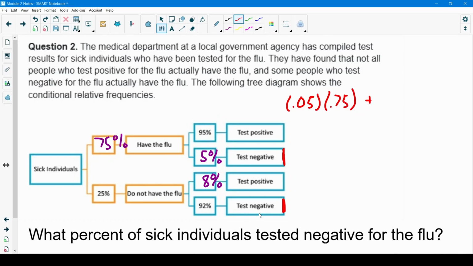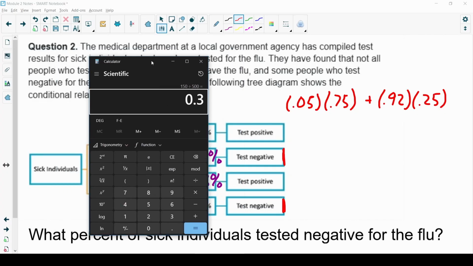I'm going to add that to the other part over here. This was telling me 92% of this 25% tested negative. So here I will do 0.92 times 0.25. Remember, percent written as a decimal, you are just moving over the decimal place by 2 places.